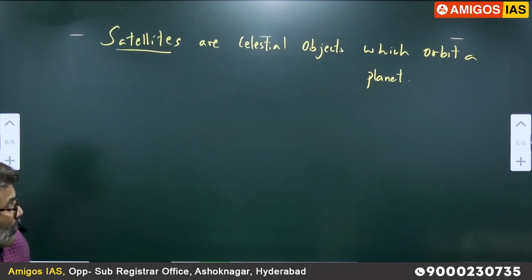Except Mercury and Venus, all the planets have their own satellites. Please write, except Mercury, Venus, all the planets have their own satellites.